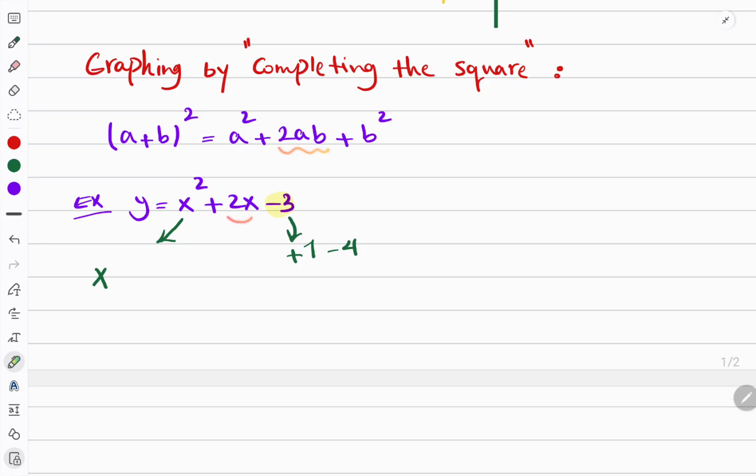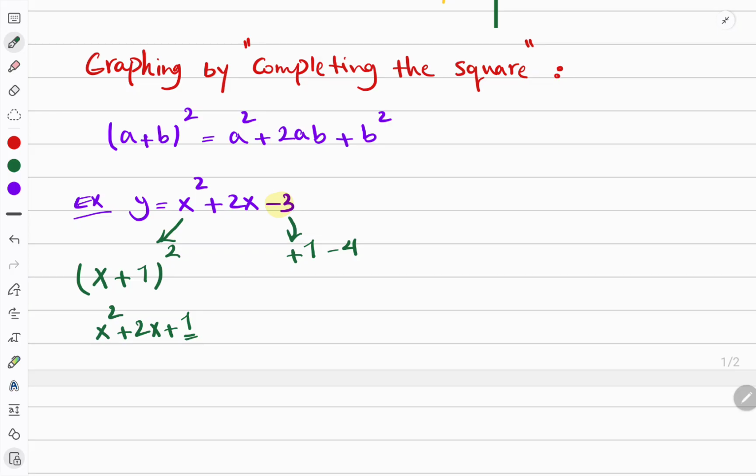So divide 2x by 2 gives you x. So the coefficient of x is 1. So we have plus 1 squared. But the expansion of x plus 1 squared is x squared plus 2x plus 1. So we need positive 1 and we don't have that.